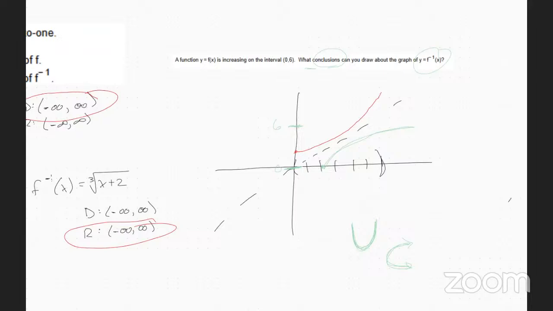They say the correct answer is the graph of y equals f inverse of x is increasing on the interval from f of 0 to f of 6. That's what we said. Usually you don't say it like that though.